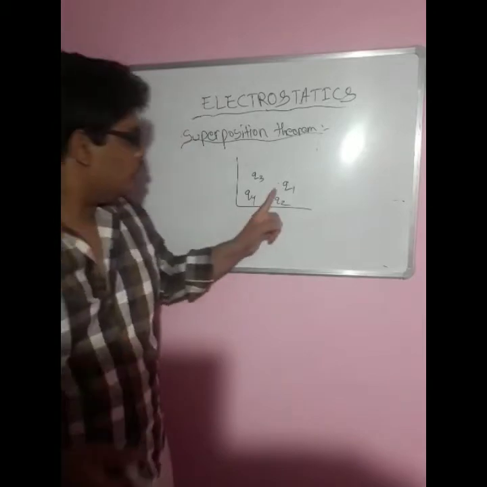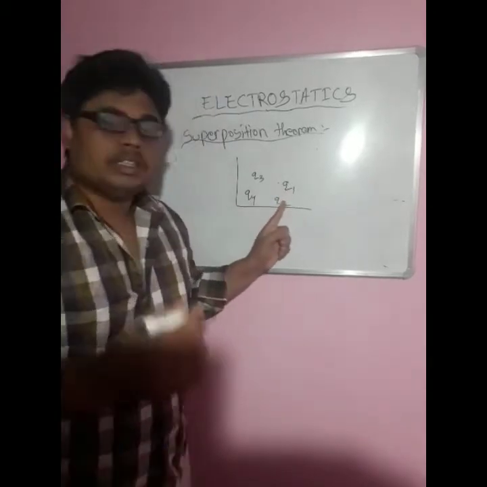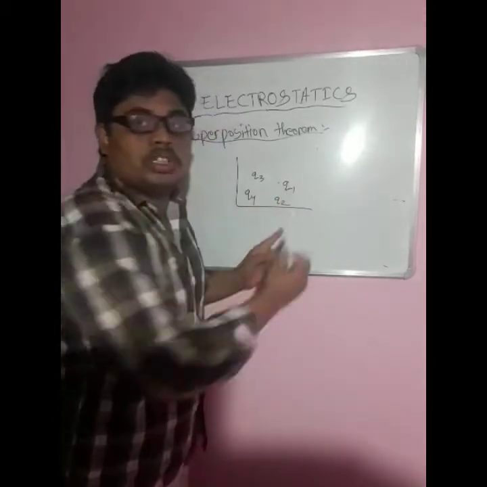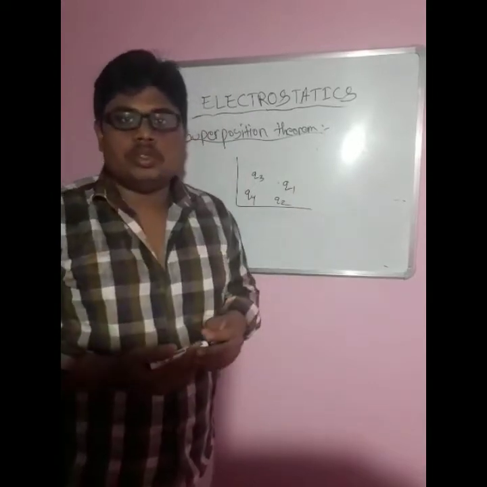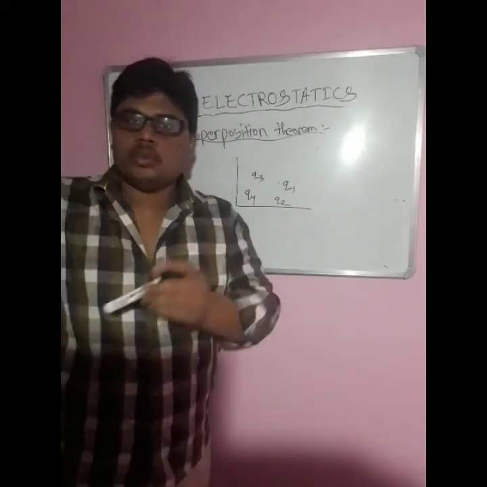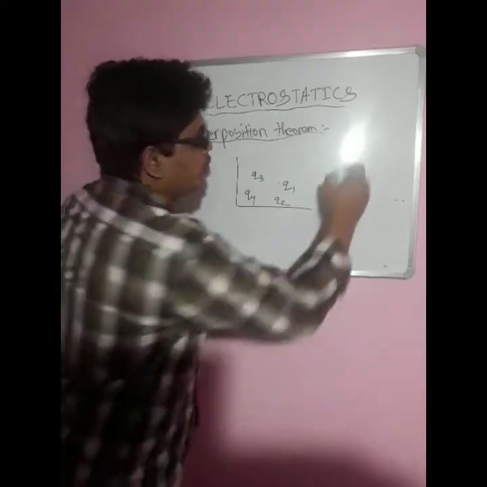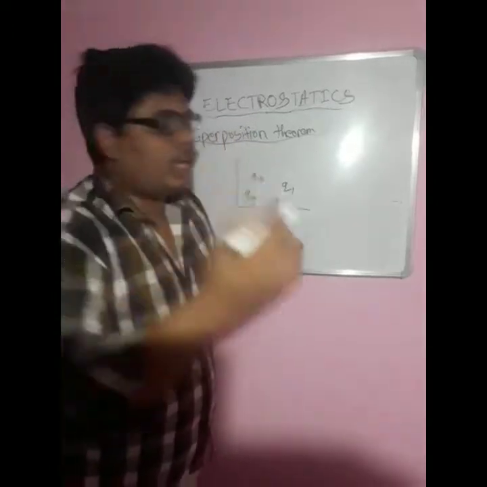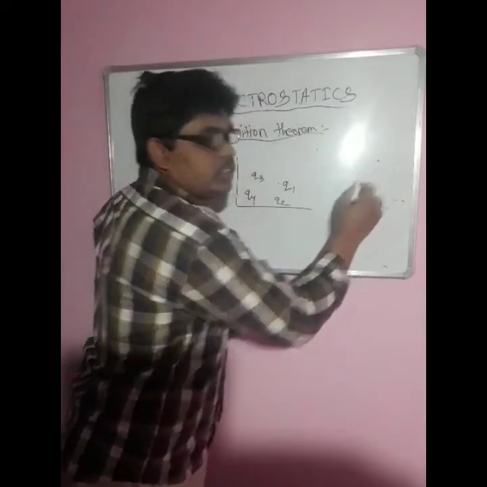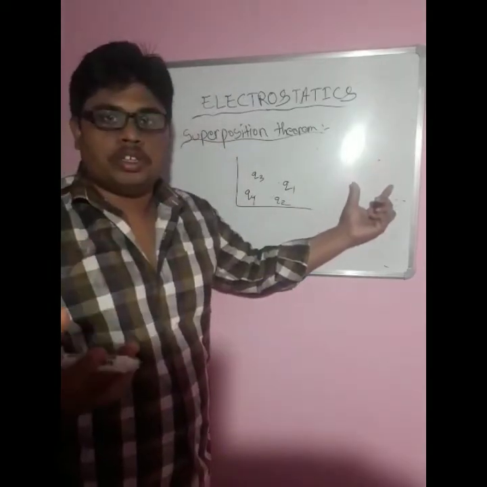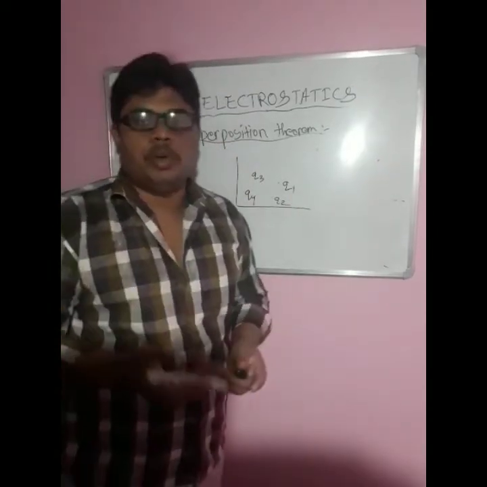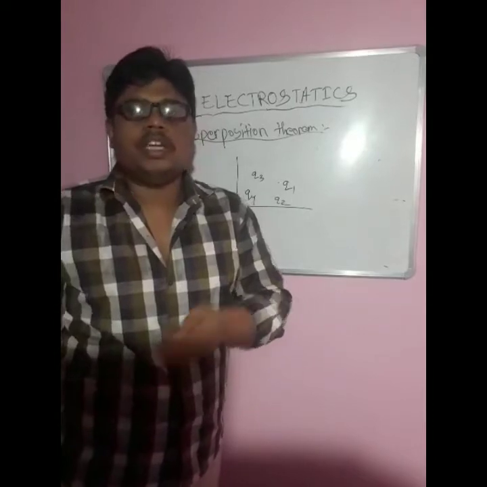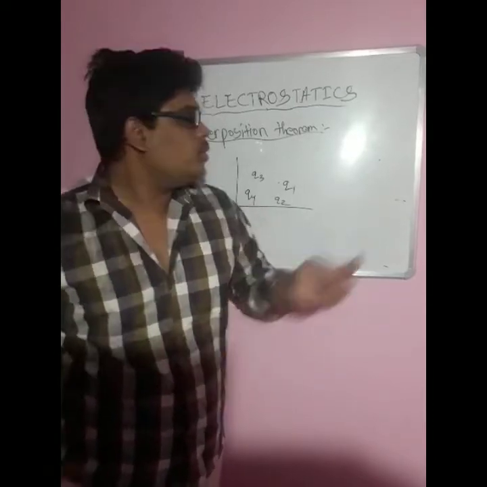Means, see, in Q1, due to Q2 there is some force experienced. Electrostatic force means here 1 by 4 pi epsilon Q1 Q2 by R square. If another charge is placed near this, there is some force of attraction or repulsion; obviously plus charge repels another plus charge and minus charge attracts the plus charge.